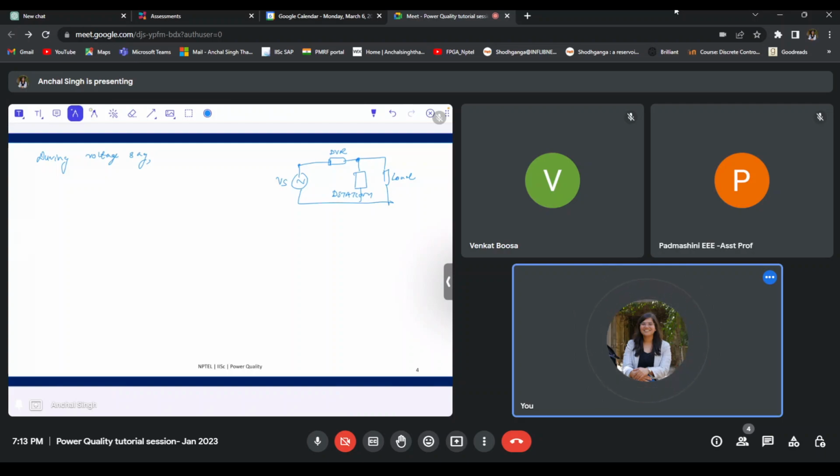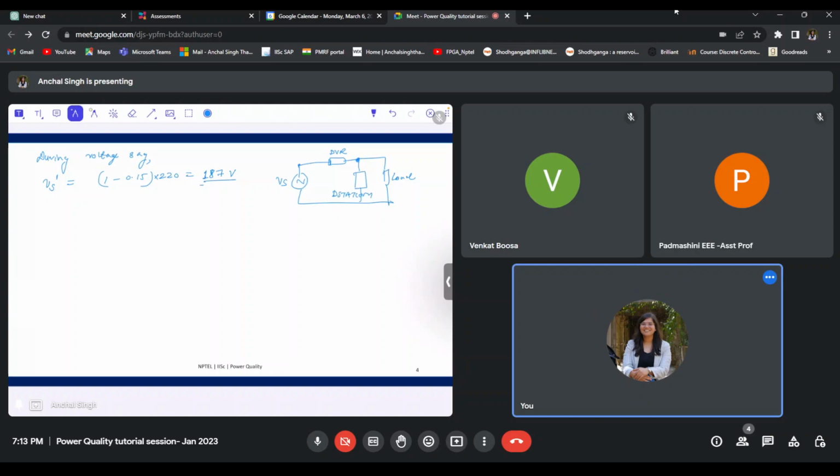Let us say Vs was 220 volts before. Now Vs dash, after the occurrence of sag, is 1 minus 0.15. After 15% sag, it has landed to this value into 220 volts. So this will be my value after the sag. This will come out to be around 187 volts.